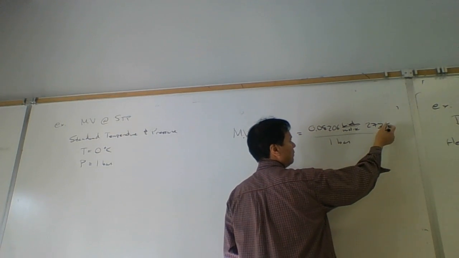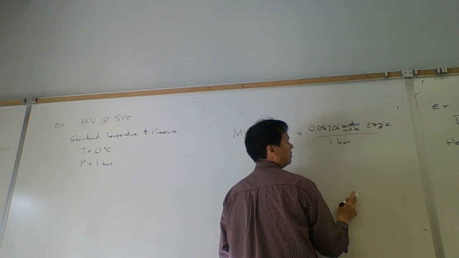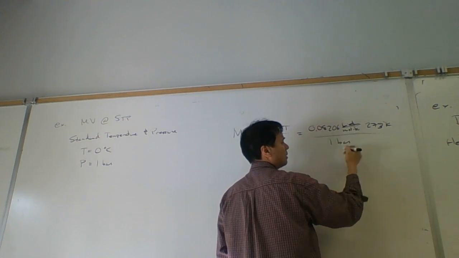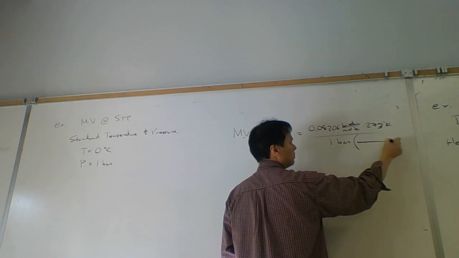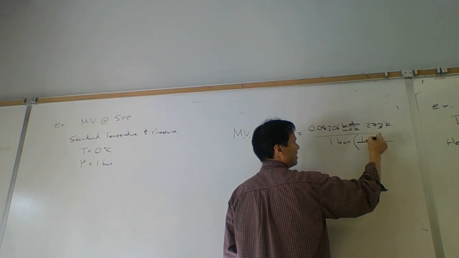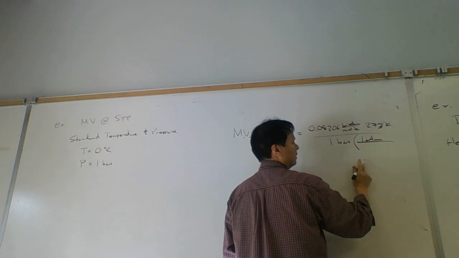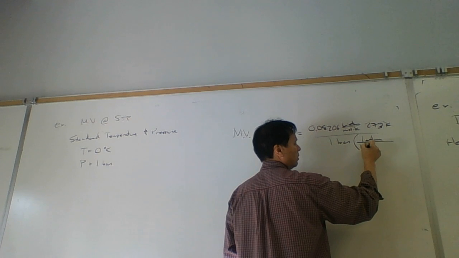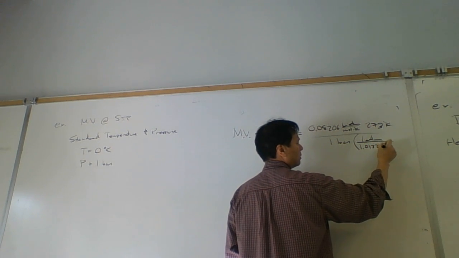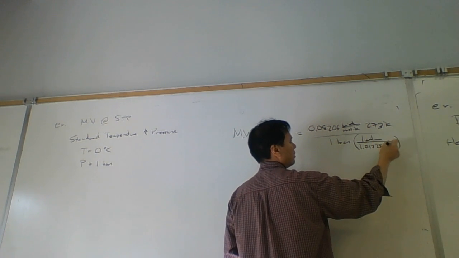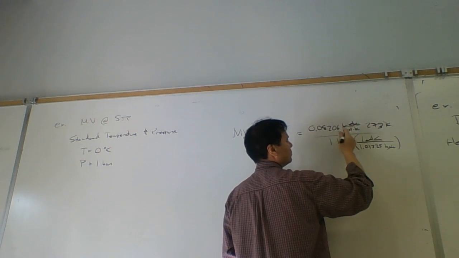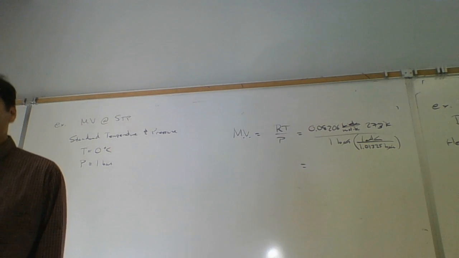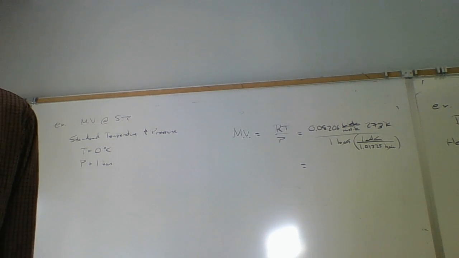The Kelvin cancels, but the atmospheres and bar don't cancel. The atmospheres and bar are related. In 1 atmosphere, how many bar are there? There are 1.01325 bar, a number you don't have to memorize. And so the bar cancels, the atmospheres cancel, and we're left with liters per mole. So I got the equation right.